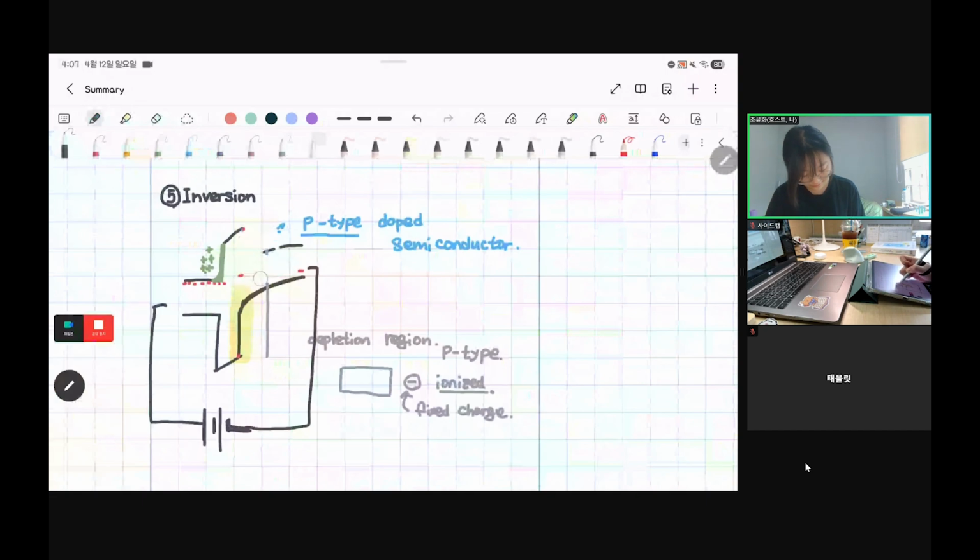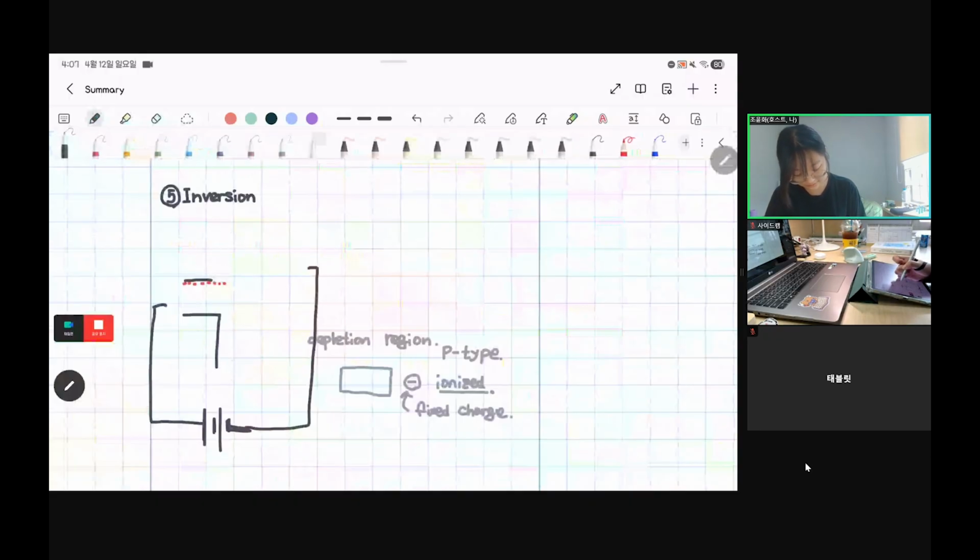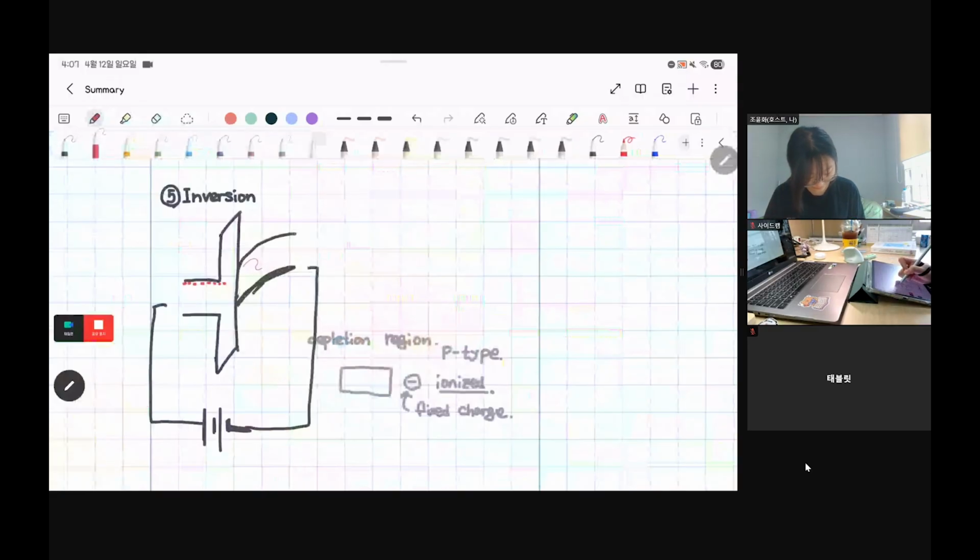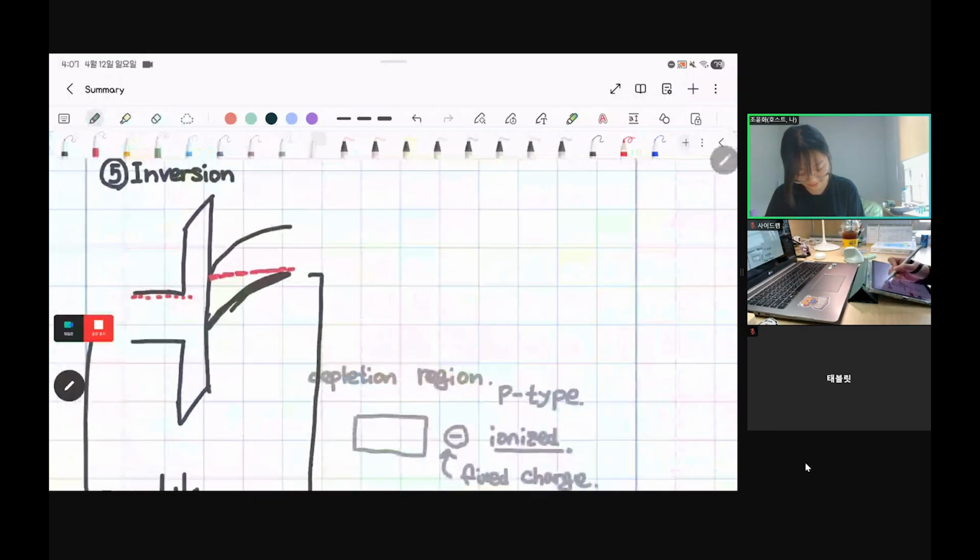So in this case, we can draw the band diagram like this. And the Fermi level states are like this.